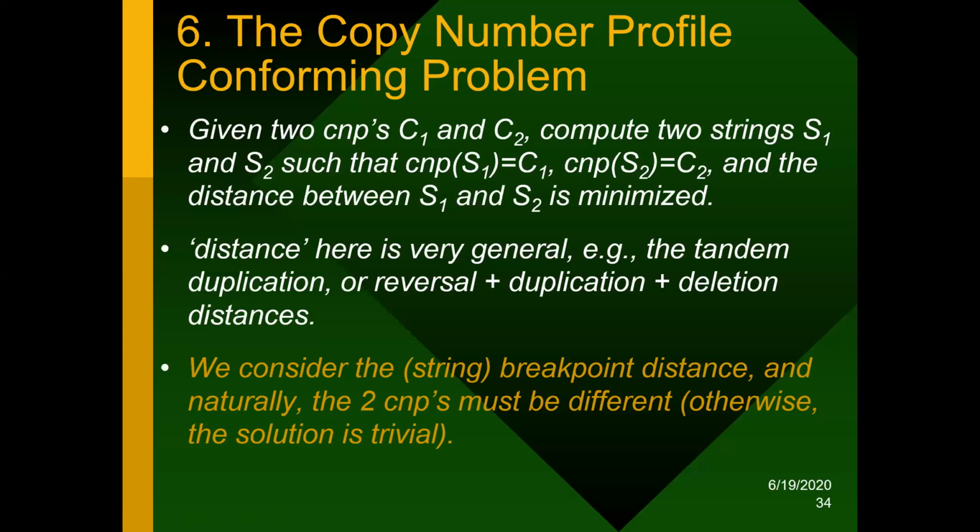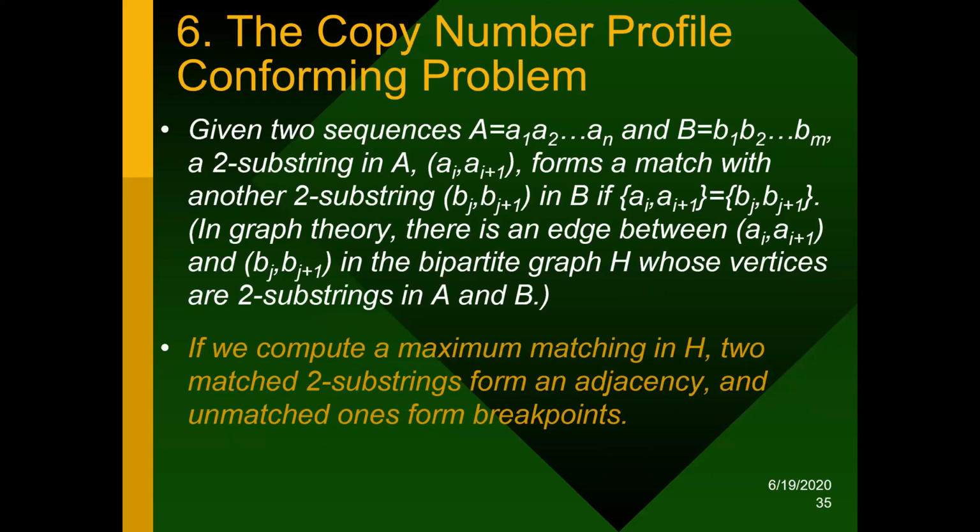Otherwise, if they are the same, of course the solution is trivial, right? I probably don't have to redefine breakpoints and adjacencies, but anyway, let's do that. Basically, given two sequences A and B, you take any two substrings, one in A and one in B. They form a match if the two substrings are equal.